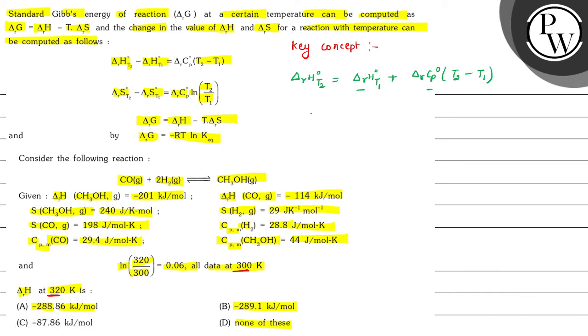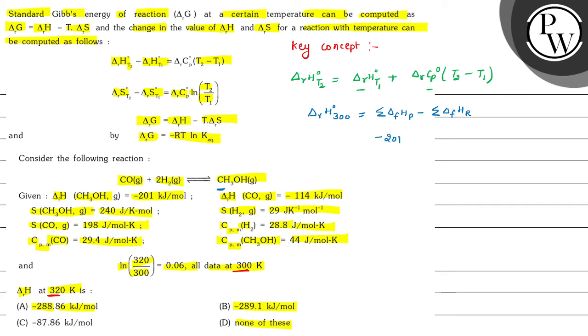The value at temperature T1, that is at 300 Kelvin, comes out as follows. For this reaction, we take the summation of change in enthalpy of formation at the product side minus the summation at the reactant side. At the product side only CH3OH is present, with value −201.